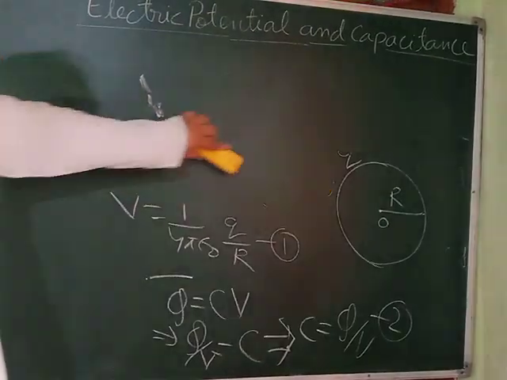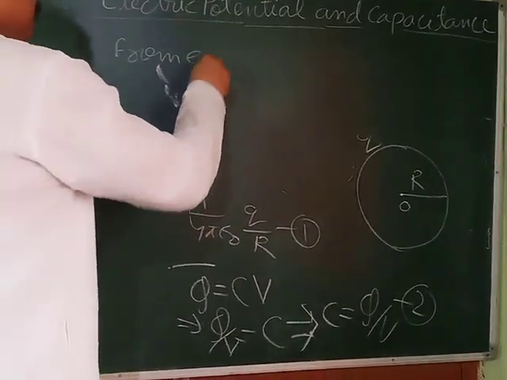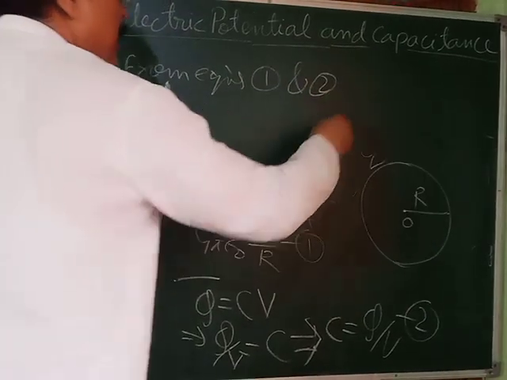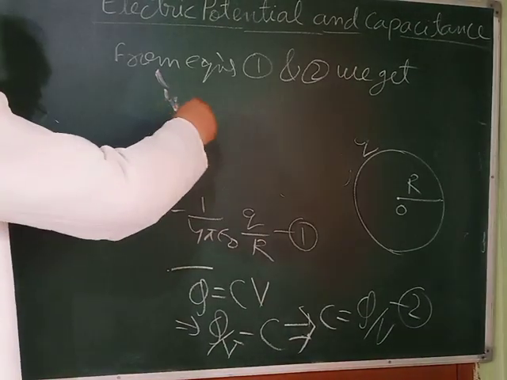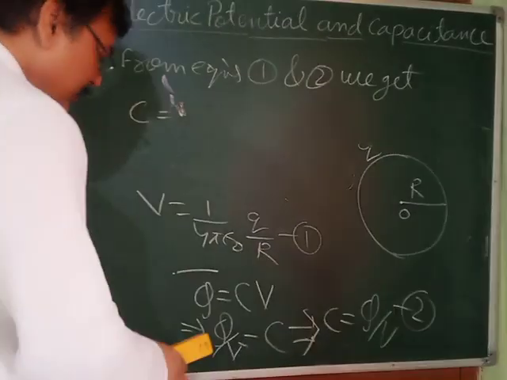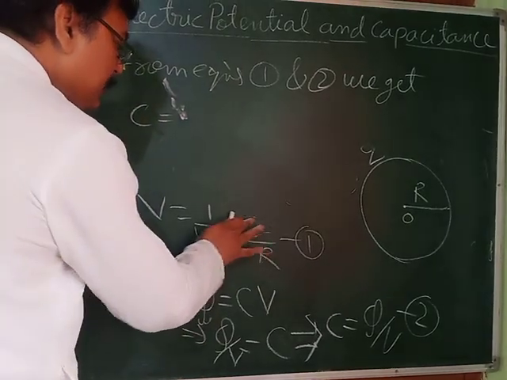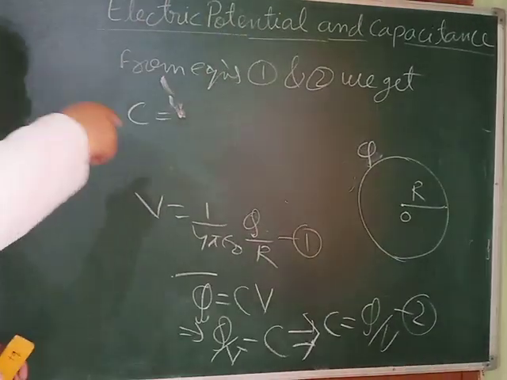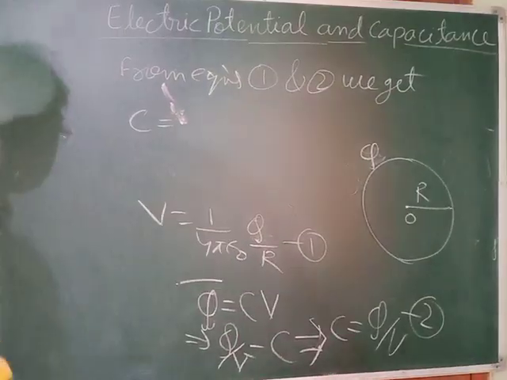From equations 1 and 2, we get C is equal to, see, if we are writing small q, we must write small q everywhere, and if capital Q, then capital Q everywhere. The symbol should be the same.